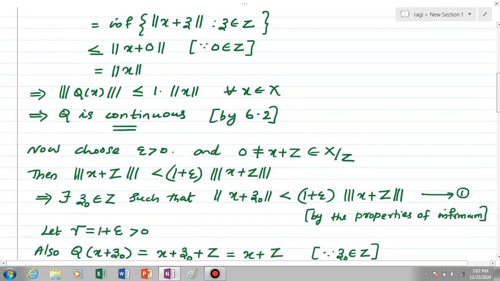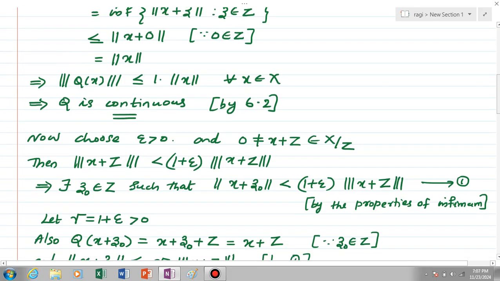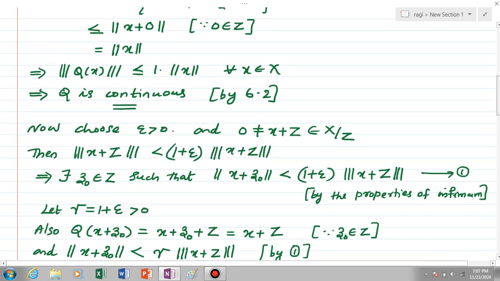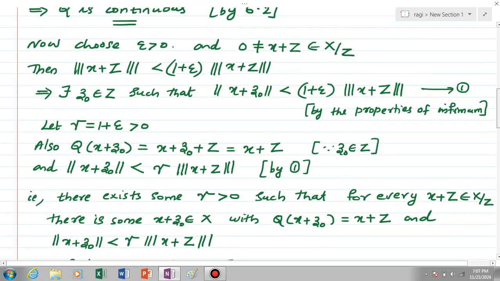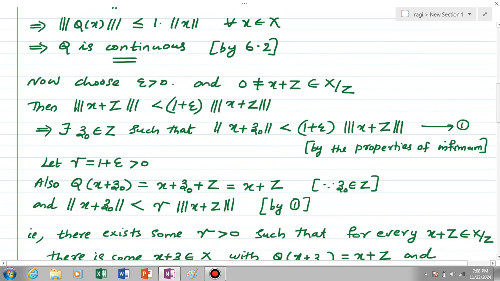For that, choose epsilon positive and a non-zero element x plus Z element of X by Z. We are going to show that Q is open using theorem 10.4. Then the triple norm of x plus Z is clearly less than 1 plus epsilon into the triple norm of x plus Z, because 1 plus epsilon is clearly greater than 1.